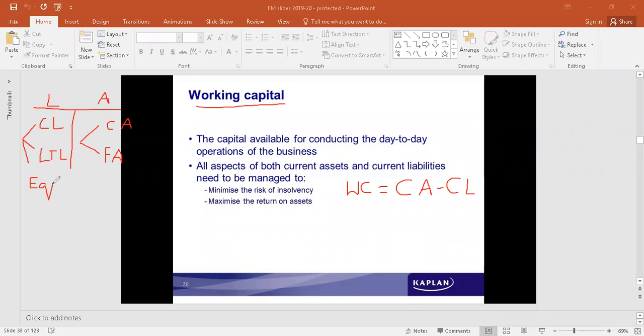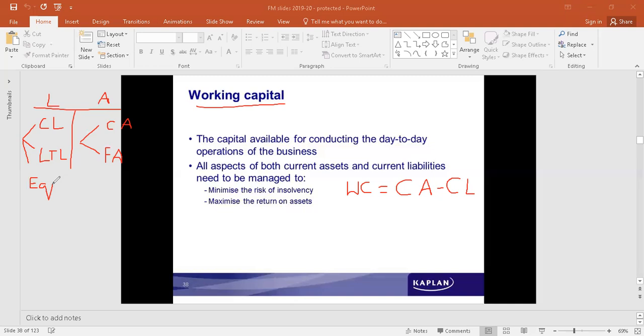So in a short period of time it gets converted into cash, and when they have that available, they can discharge the current liabilities and meet the operating expenses. So working capital here is defined as that portion of current assets which is over and above the current liabilities. After discharging all the current liabilities, any more amount available will be used to meet their day-to-day requirements.